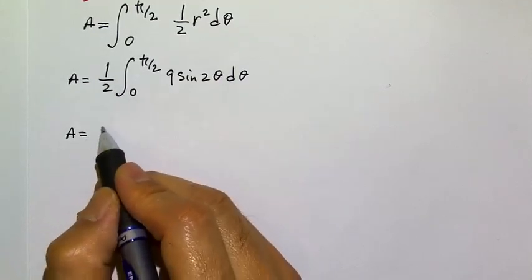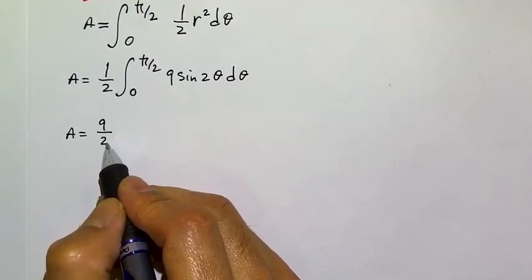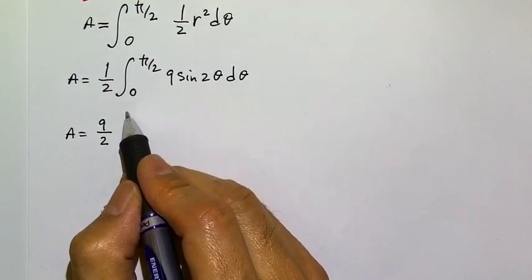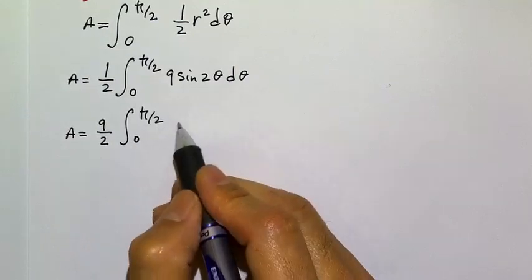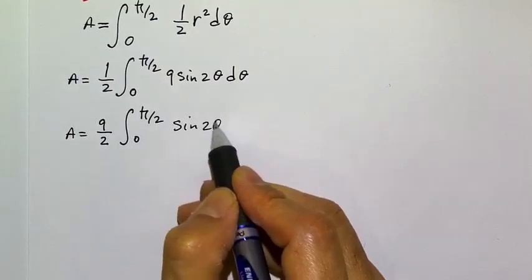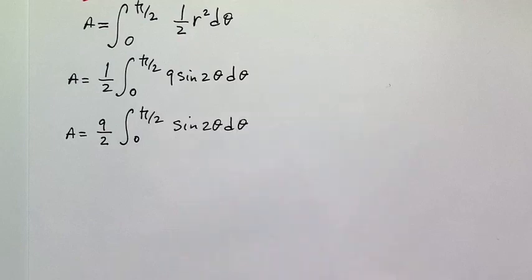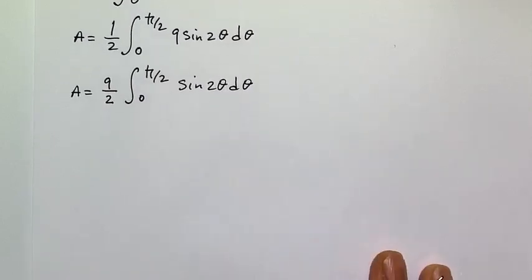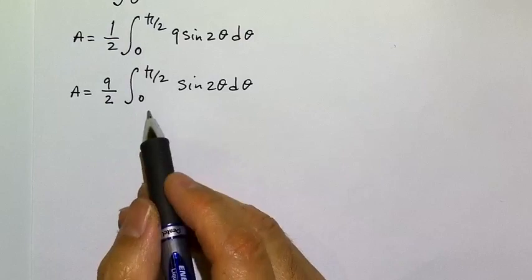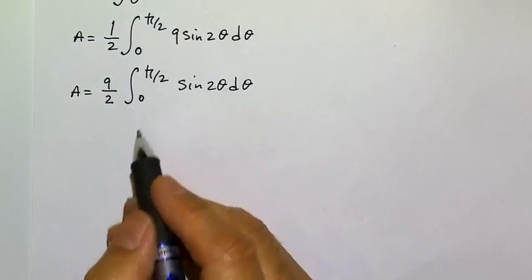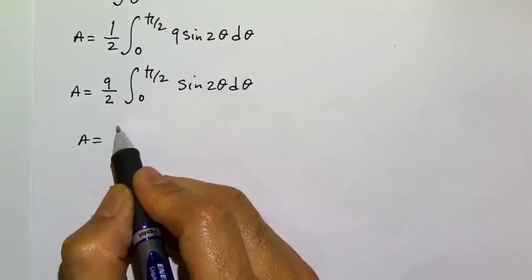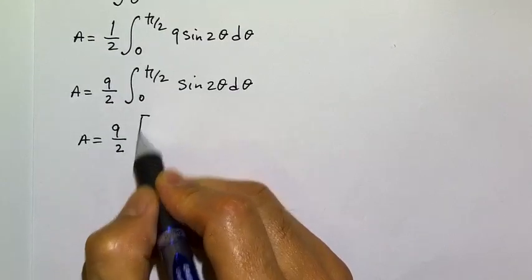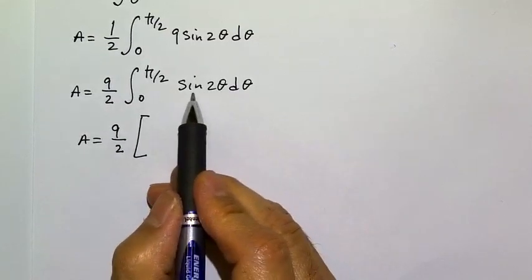So when we do that, we get 9 over 2 times the integral from 0 to pi over 2 of just sine 2 theta d theta, right? Look at that. That's a pretty easy integrand for us to integrate. So let me integrate immediately.